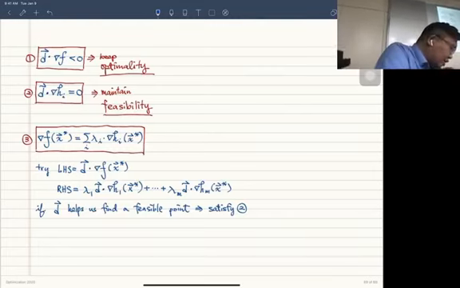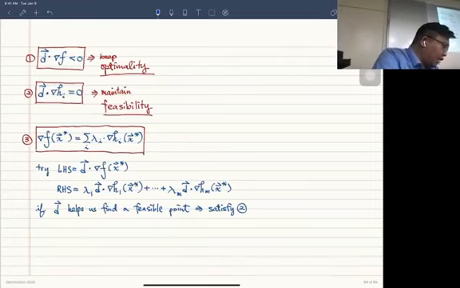Okay, let's try this. So it will satisfy number two. So the entire right hand side will become zero, right? Because all the d dot gradient h terms become zero.